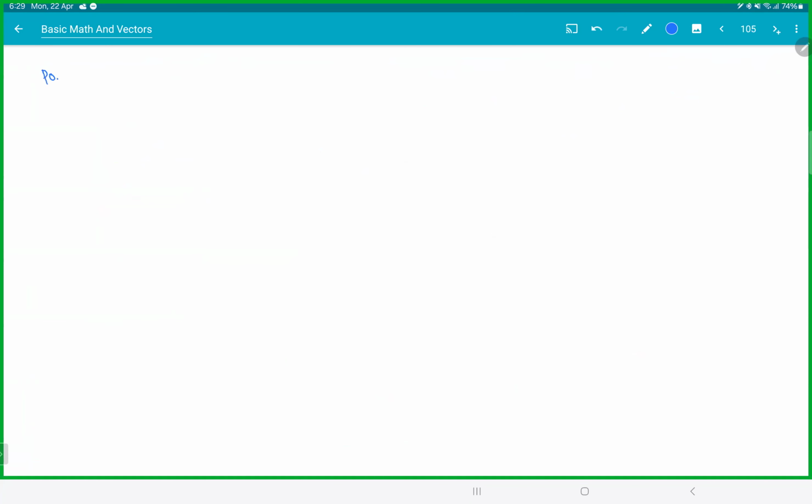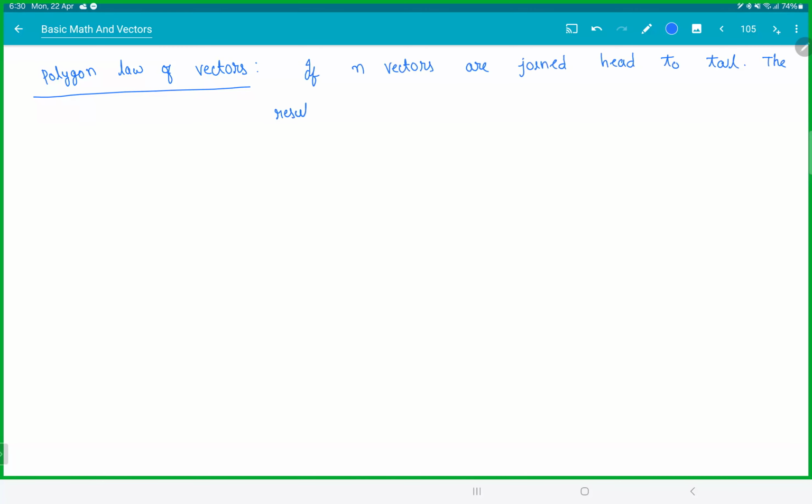Next thing, polygon law of vectors. Polygon law of vectors is nothing but an extension of the triangle law. If n vectors are joined head to tail, the resultant is from the remaining tail to the remaining head.